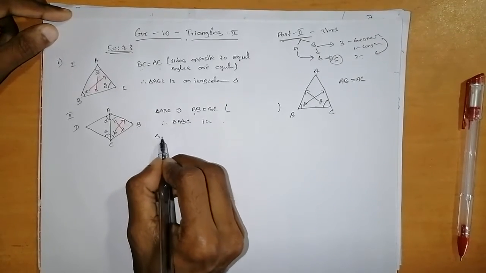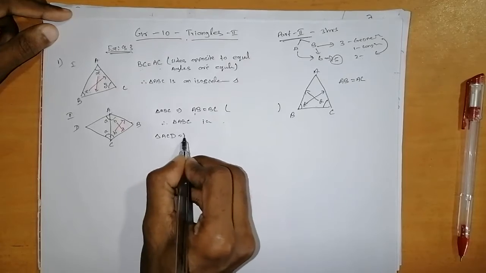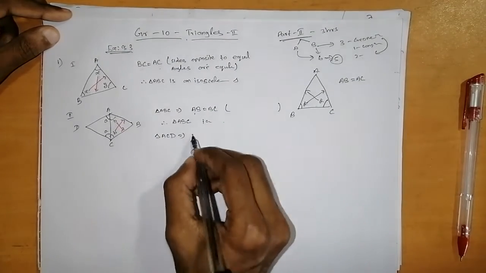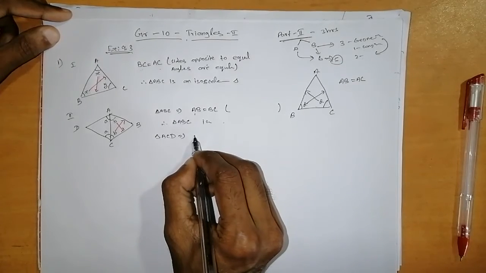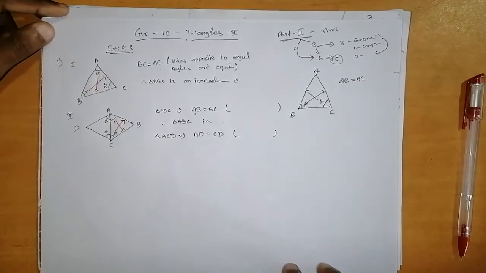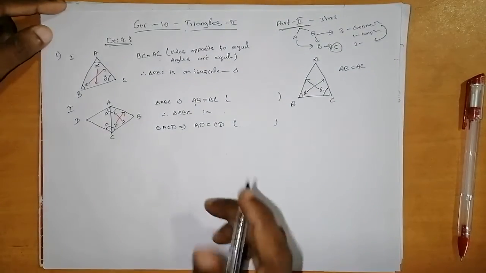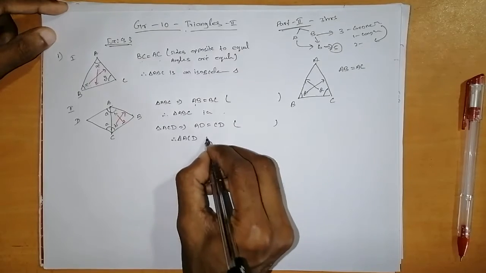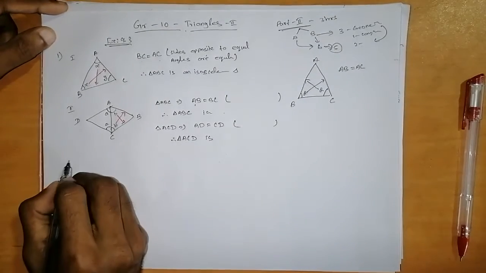The second triangle, ACD: there are two equal angles, so we can pick the sides AD and CD. AD and CD are equal sides, so triangle ACD is also an isosceles triangle.